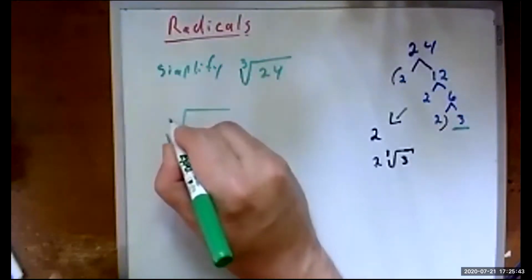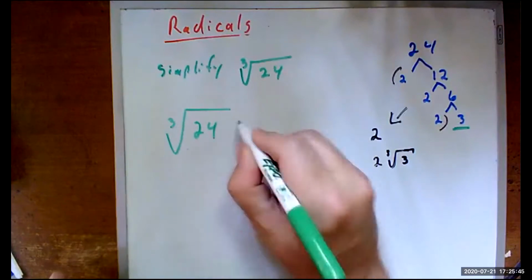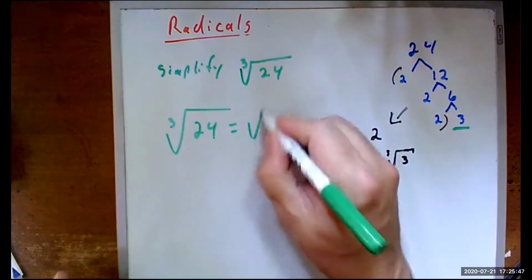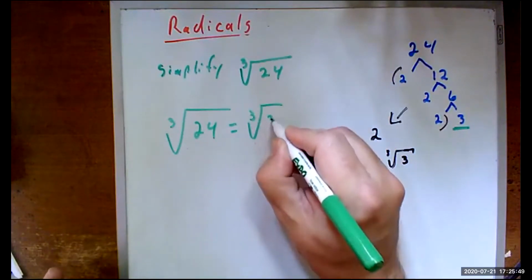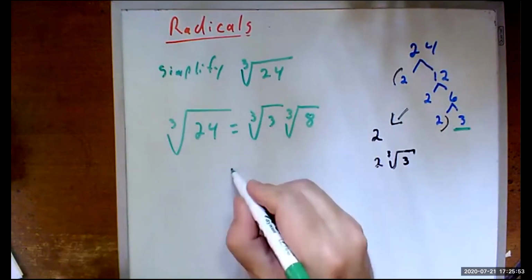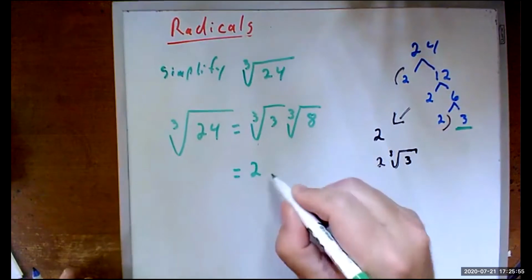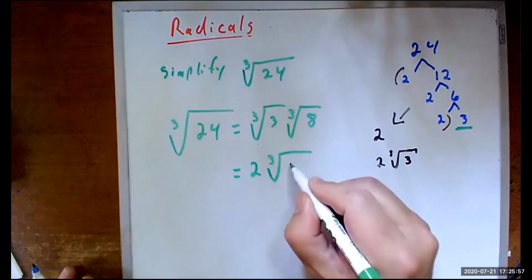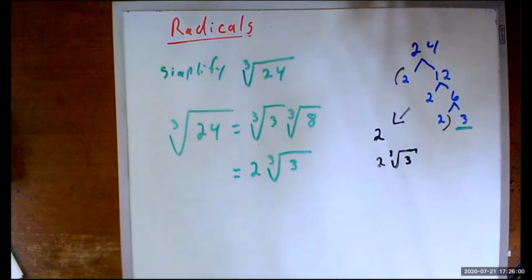So cube root 24 becomes cube root 3 times cube root 8, which just becomes 2 cube root 3. Is that better? Okay.